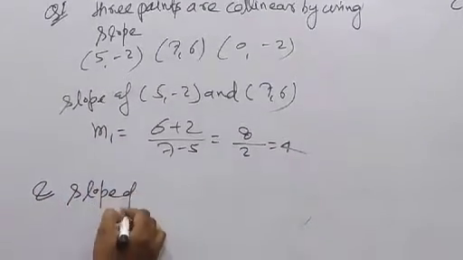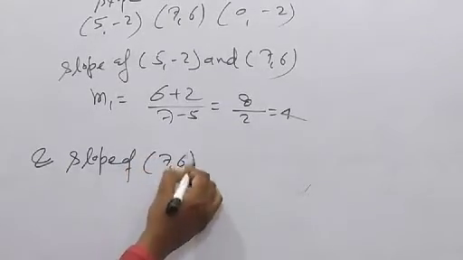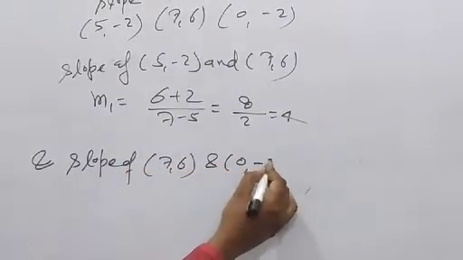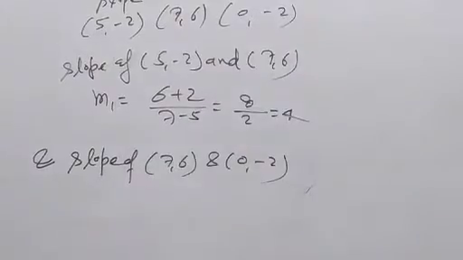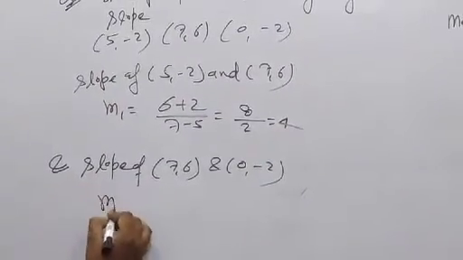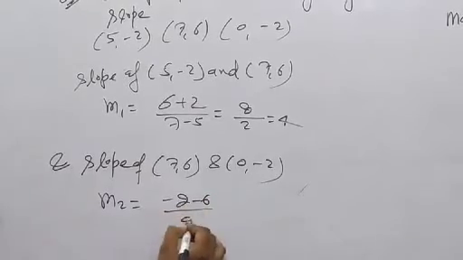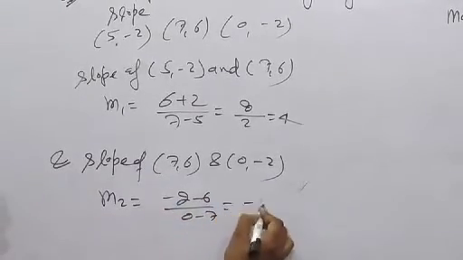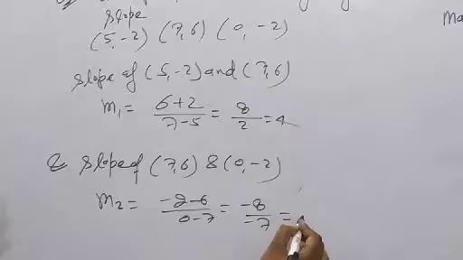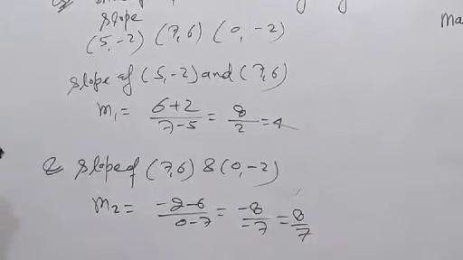And the slope of 7 comma 6 and 0 comma minus 2, then m2 is equal to y2 minus y1 upon x2 minus x1, minus 8 by minus 7, 8 by 7.